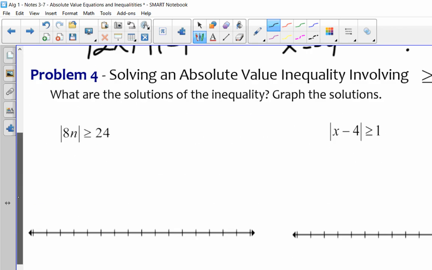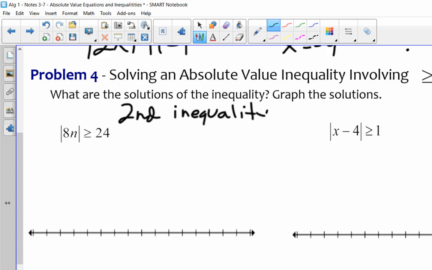All right. Here we go. Isolating now with an inequality. So there's a rule here that we need to make sure we have. For the second inequality, so remember we have to rewrite this to get our two answers. For the second inequality, you're going to need to also flip the direction of the inequality symbol, okay?